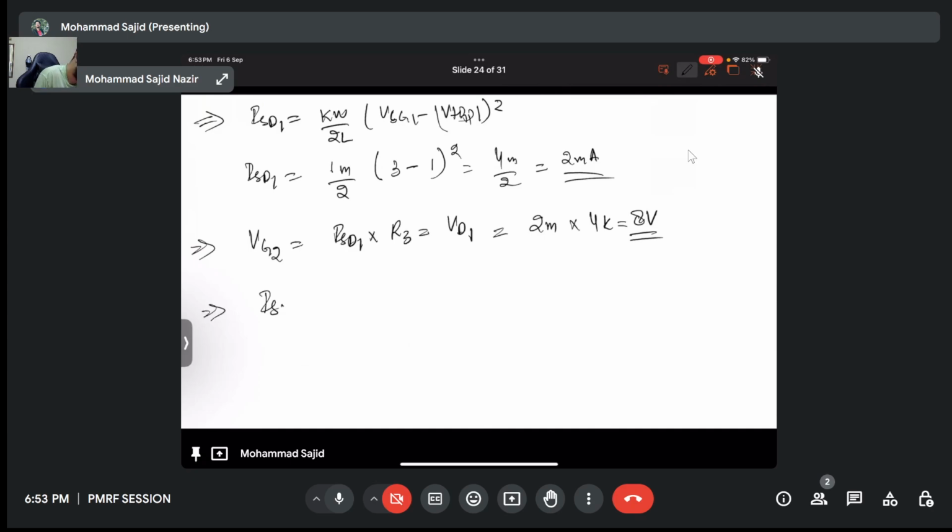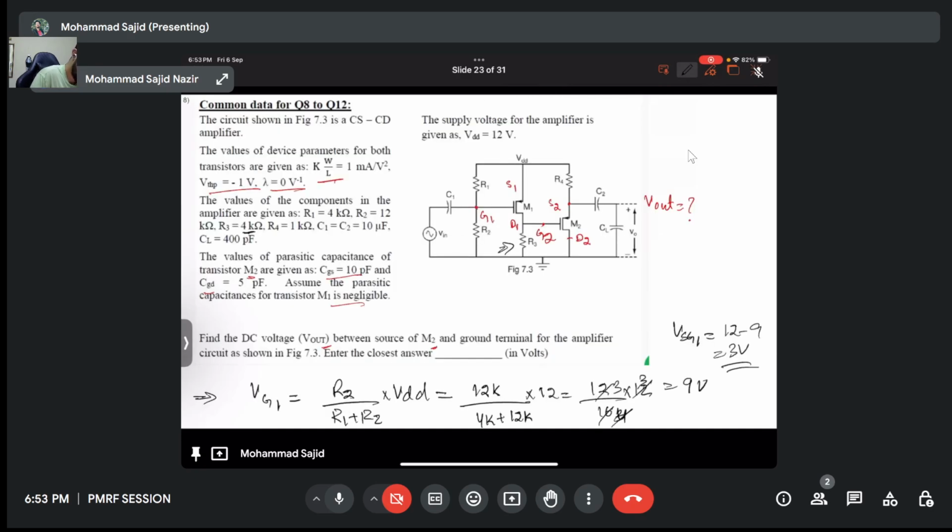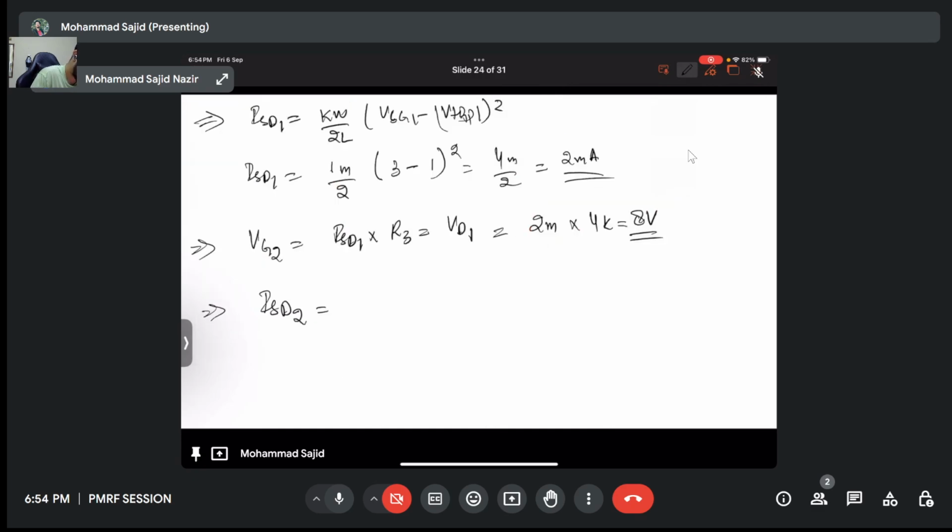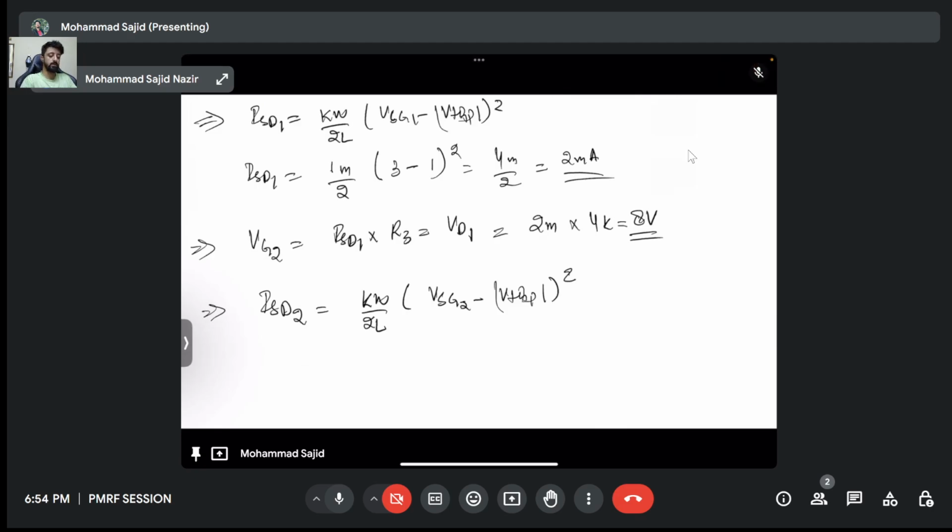So now I can calculate ISD2 as kW by 2L, VSG2 minus VTHP whole square. Now look here, we don't know what VS is for transistor 2.